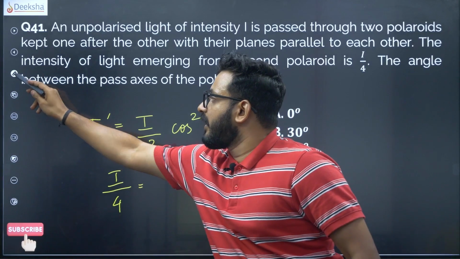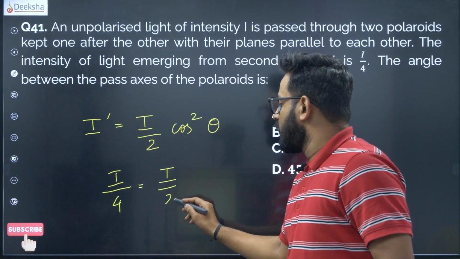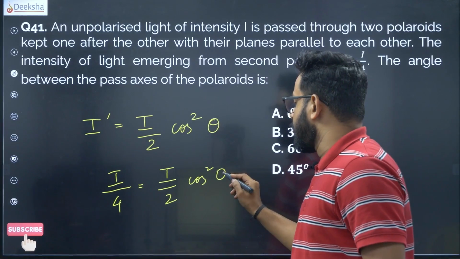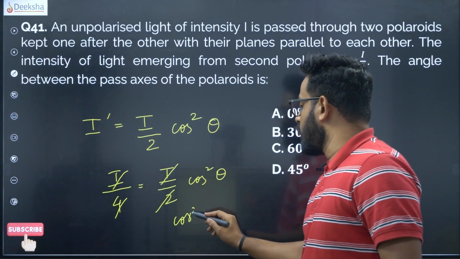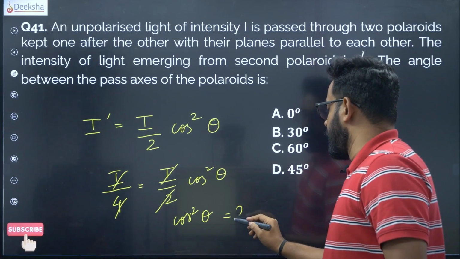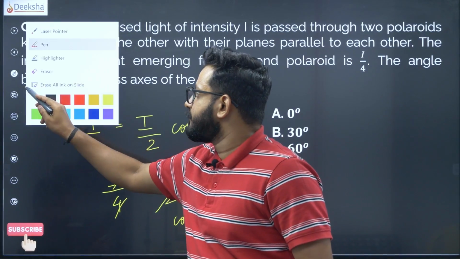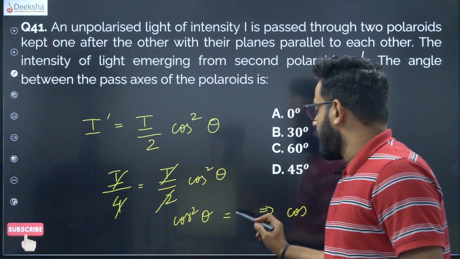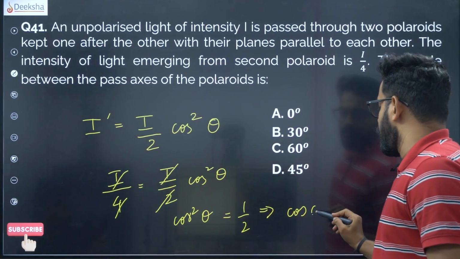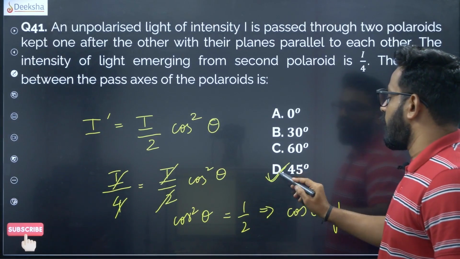So this is I by 2 into cos square theta, the I cancels, and cos square theta is equal to 1 by 2, and cos theta is 1 by root 2. All of you know, if cos theta is 1 by root 2, the answer is 45.